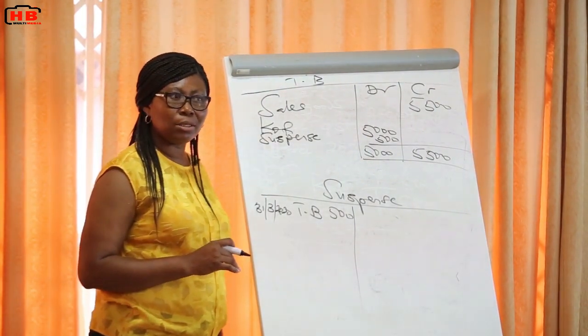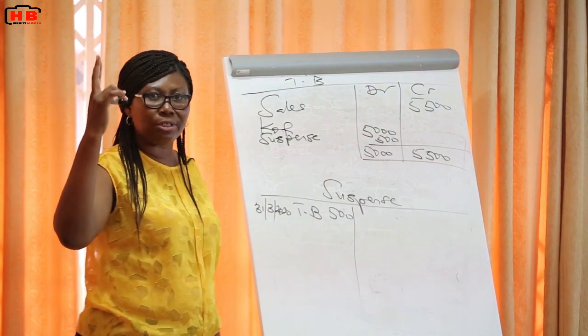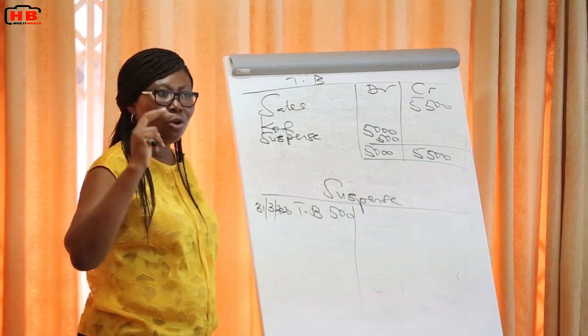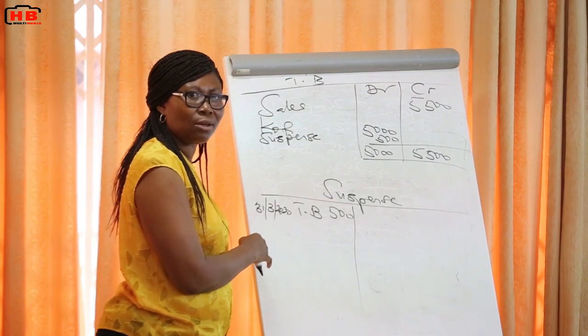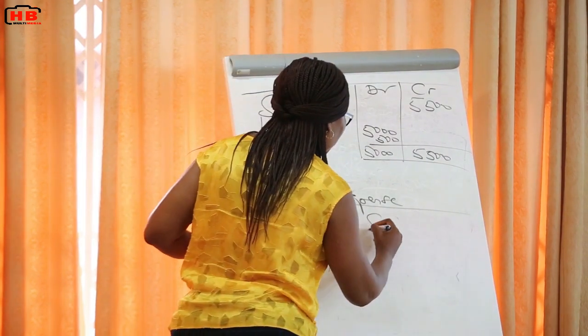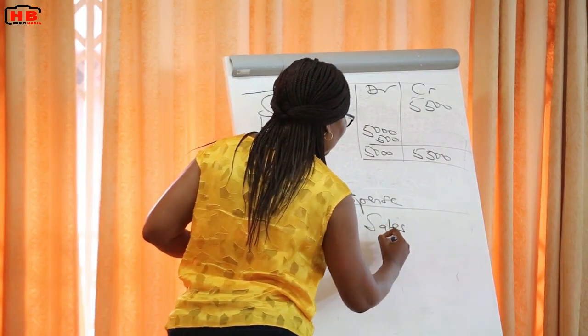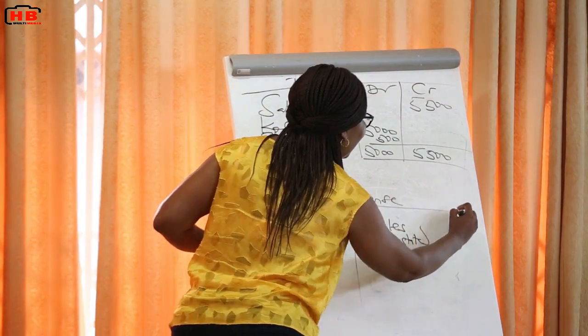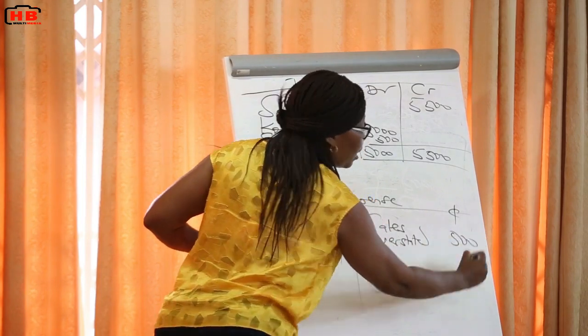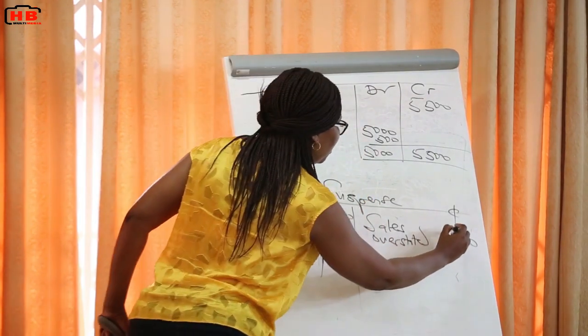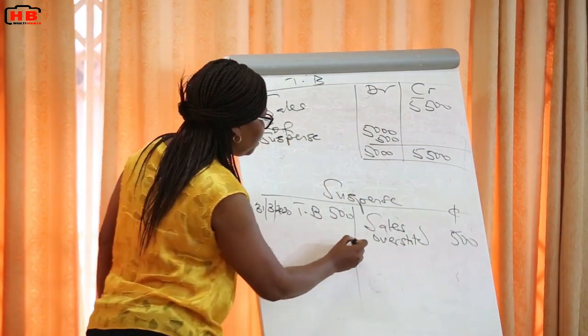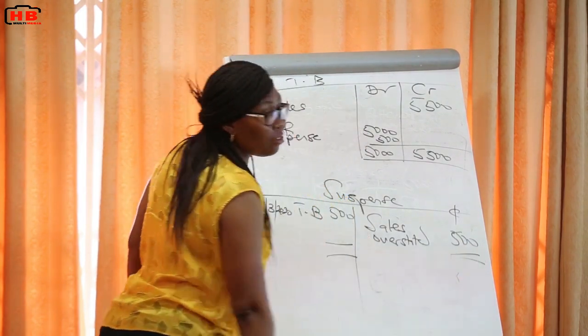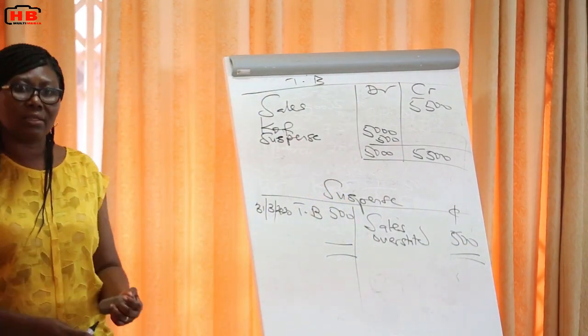The overstatement. So if we debit sales, still remember our double entry, what do we do to our suspense account? Credit suspense. Credit suspense with what? Sales overstated. And that would be 500. Are we okay? Yes. And then our suspense account will have a balance.